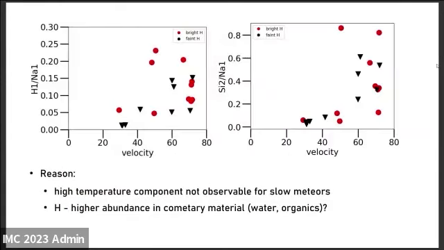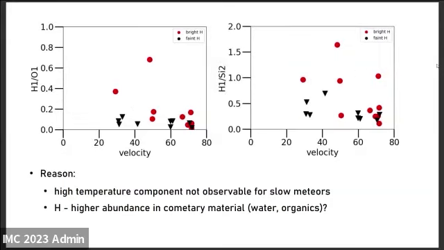If we look at the relative intensity of hydrogen and silicon compared to sodium, you can see a trend that the intensities get brighter with velocity. That's expected, because the high temperature component is velocity dependent. But you can see there are some outliers that, for a given velocity, have a higher amount of hydrogen or silicon.